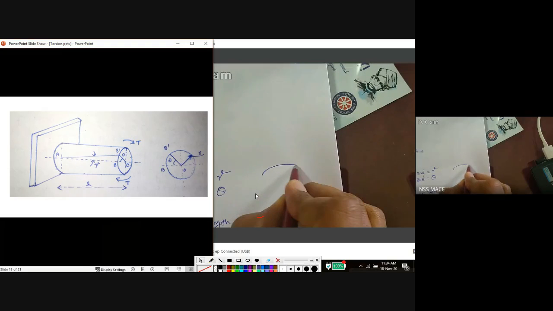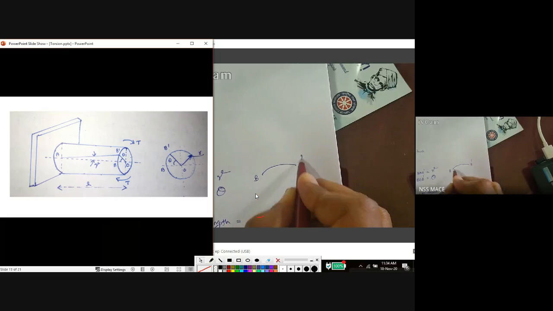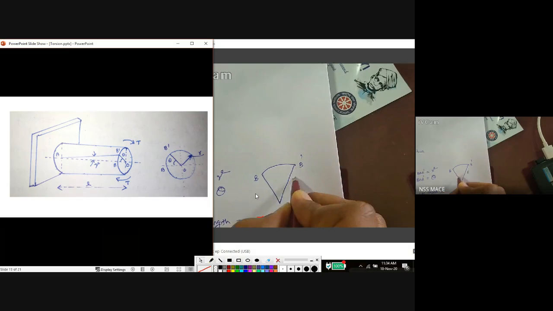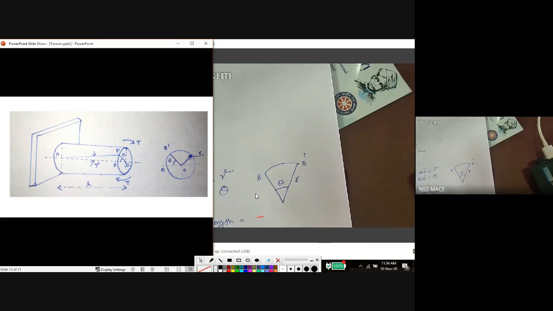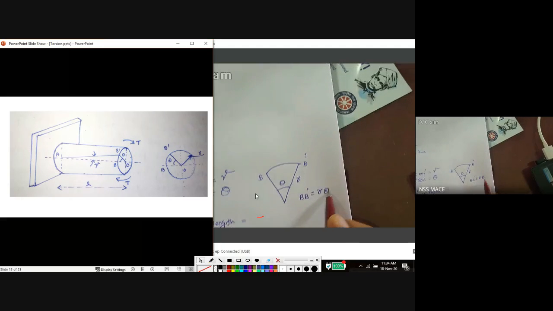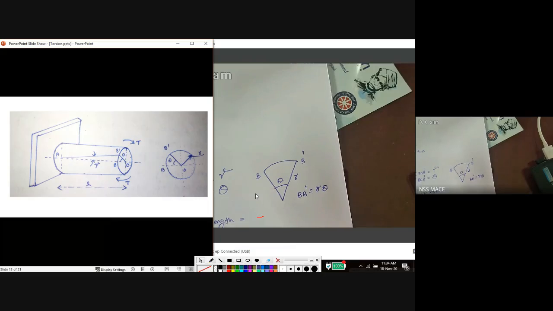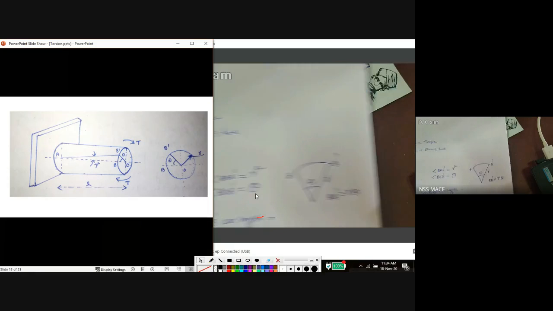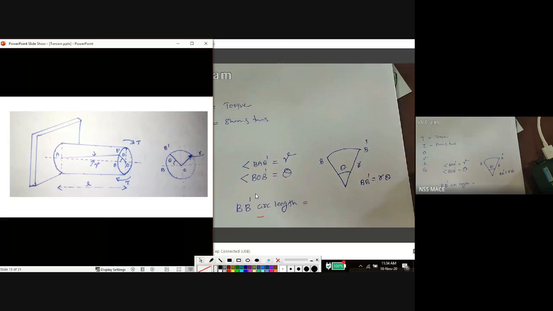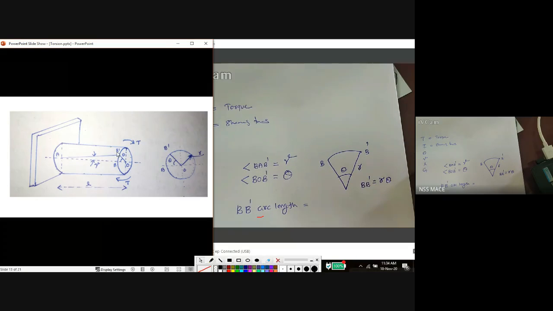For example, this is BB dash, this is the radius, this is theta. Arc length BB dash is equal to R theta: radius into included angle is equal to arc length. So here, in this figure, what is BB dash?